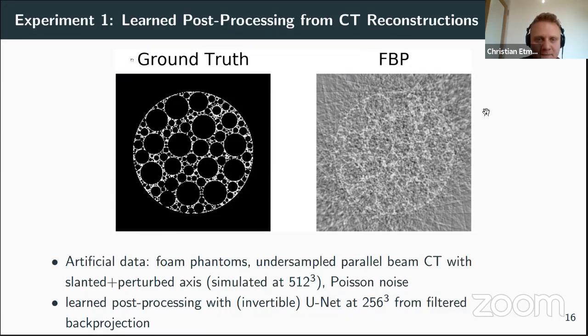So as you can see, this was all done in 3D. The reconstruction by filtered back projection is really abysmal because of the large amount of noise and the low number of angles in this case. And we applied then an invertible UNet at a resolution of 256 times 256 times 256 in order to denoise this low quality reconstruction by filtered back projection.